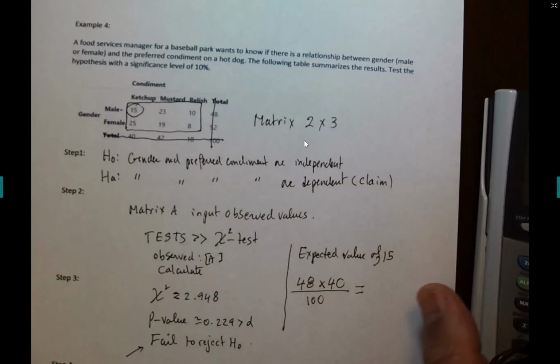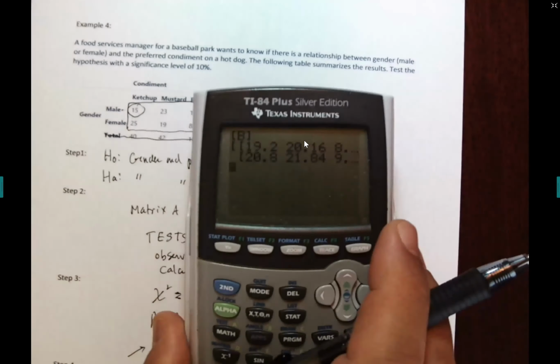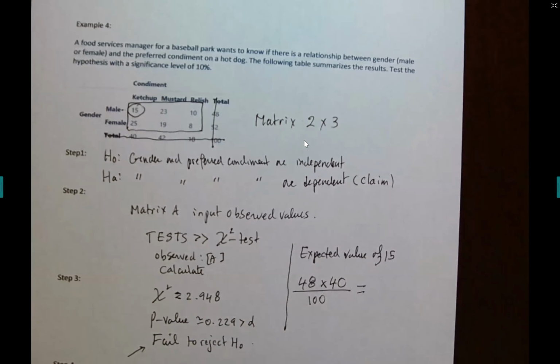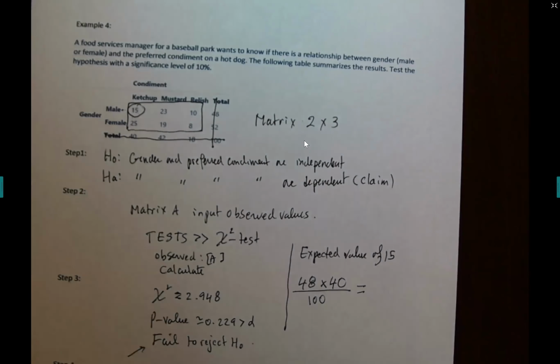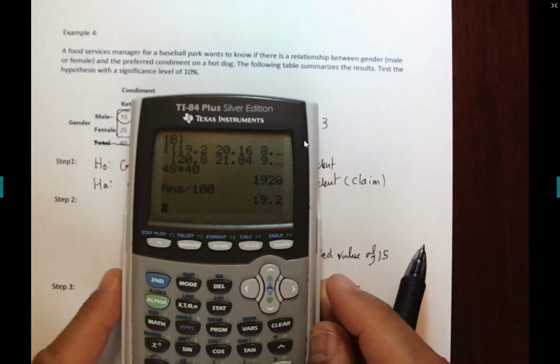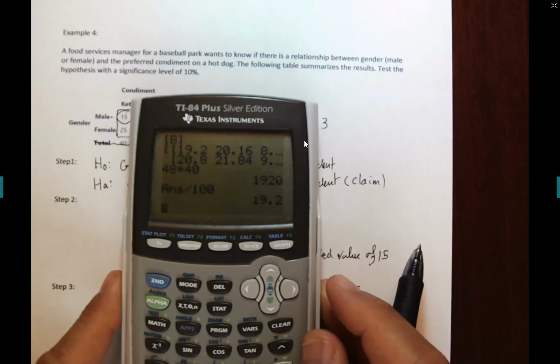You should come up with exactly this, otherwise I'm in trouble here. It should be 19.2. Let's see: 48 times 40 divided by 100. There you go, guys. 19.2. That's how you find the expected value.